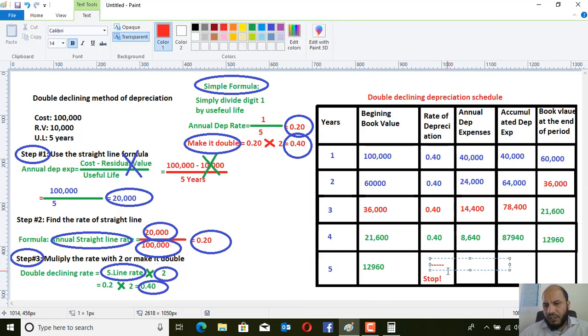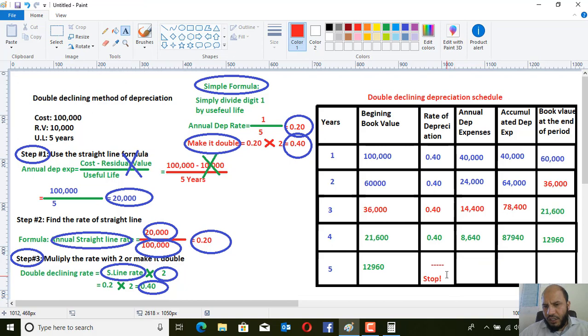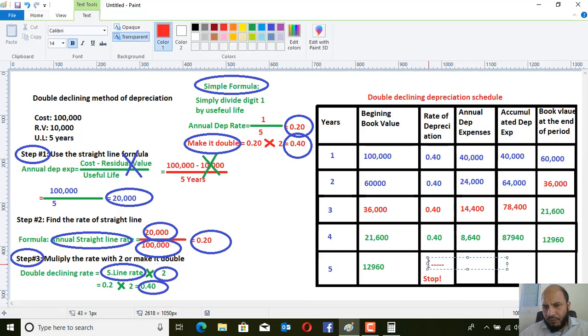We will keep this as 0. If we put 0.40 over here and multiply, we will not close the year with 10,000. And by law we have already chosen the residual value of the company as 10,000. If you see over here, we have a residual value of 10,000. So now we should close year 5 with 10,000.